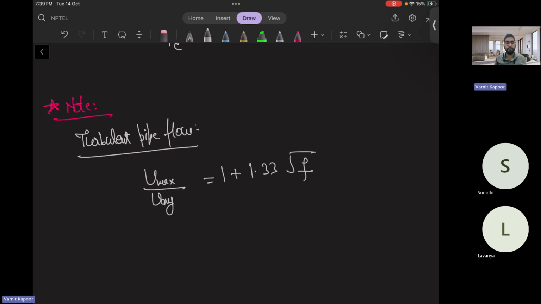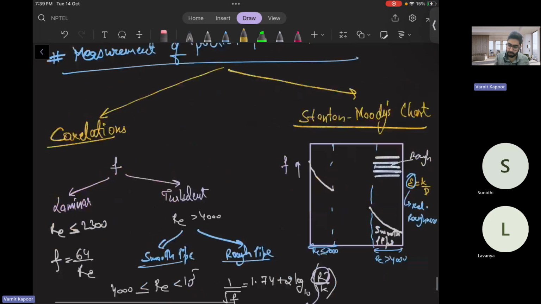Clear? Any doubts? So f now depends on whether it is a smooth pipe or a rough pipe in turbulent pipe flow. You will use the relation from here accordingly.